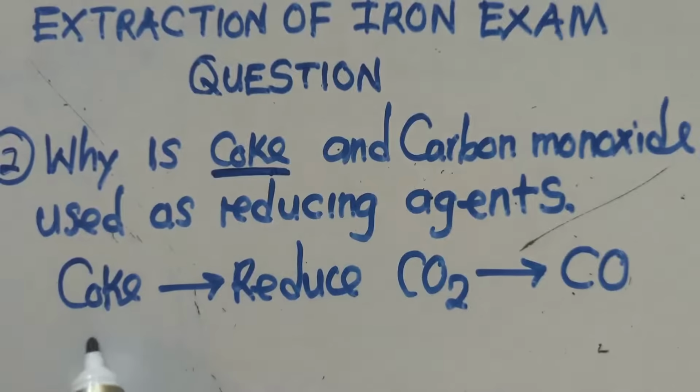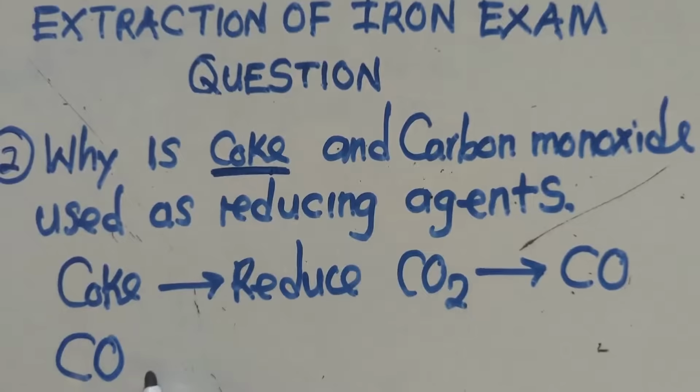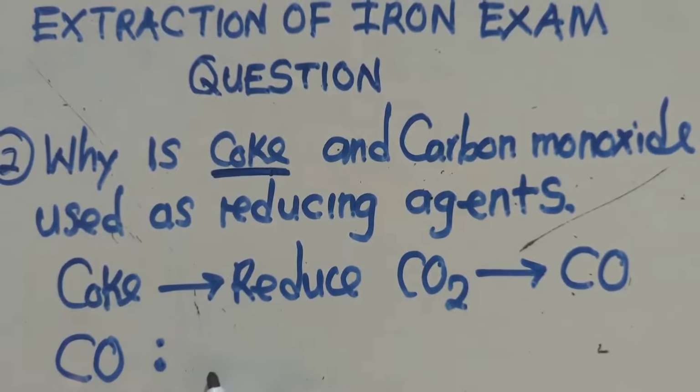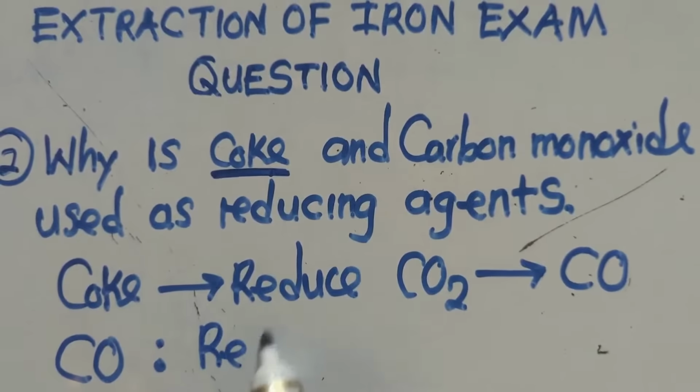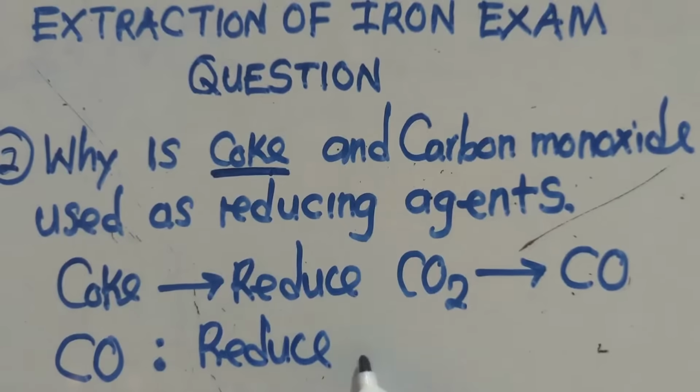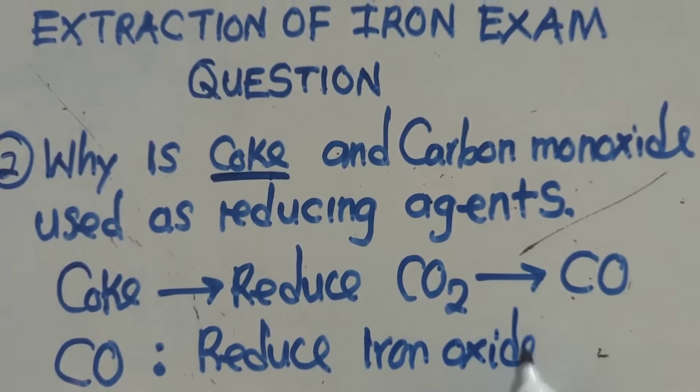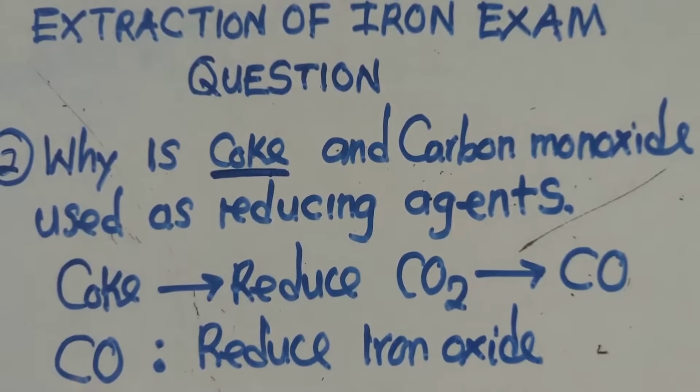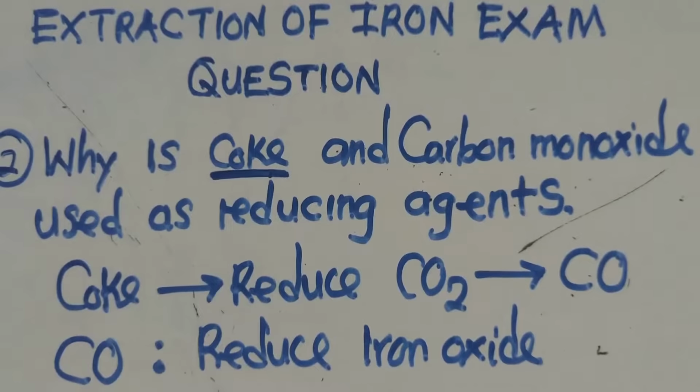And the reason why carbon monoxide is used as a reducing agent is that it is going to reduce the iron oxide. The iron oxide that we are talking about can be hematite or magnetite. If it is magnetite, it is going to reduce the tri-iron tetraoxide to iron.